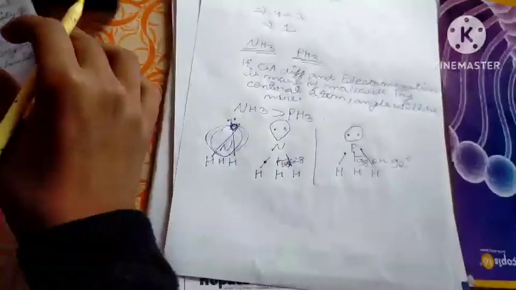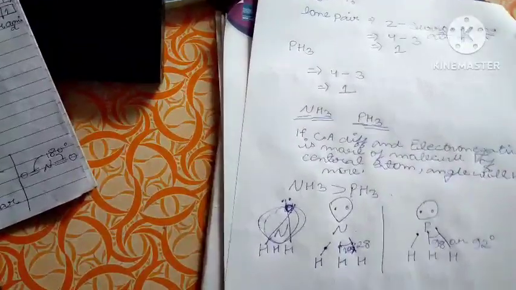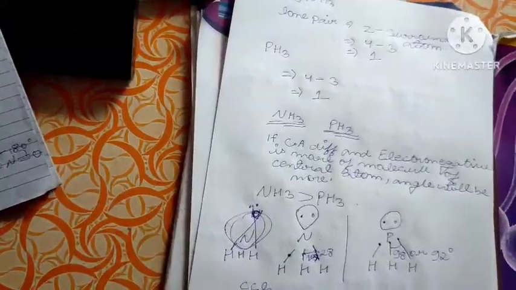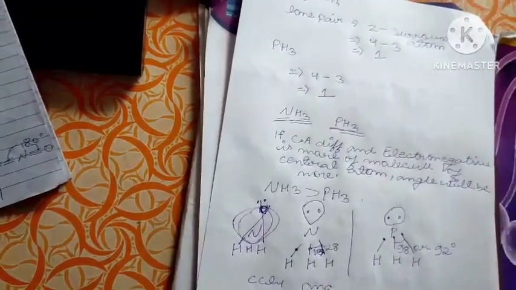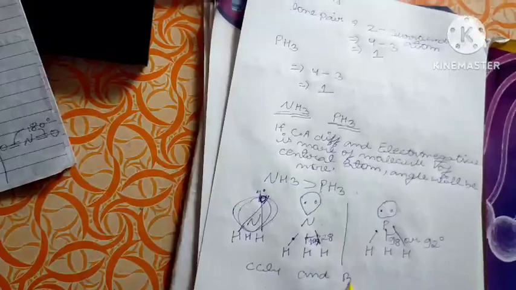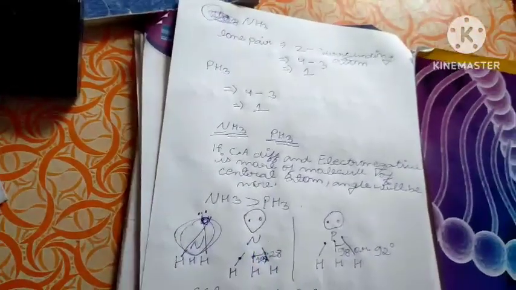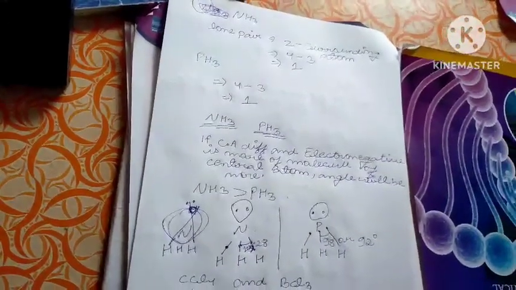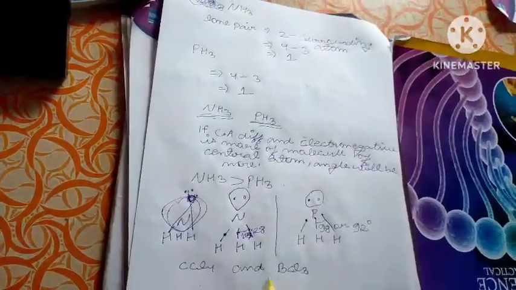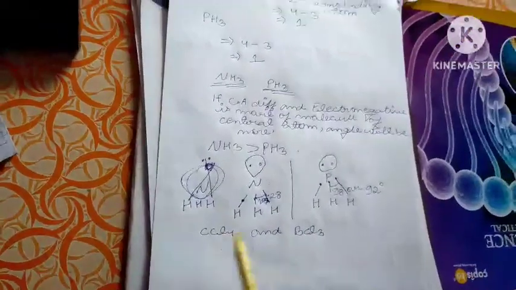So let's take another example, that is CCl4 and BCl3, carbon tetrachloride and BCl3. And here we can notice that the surrounding atom is again the same and the central atom is different, right?